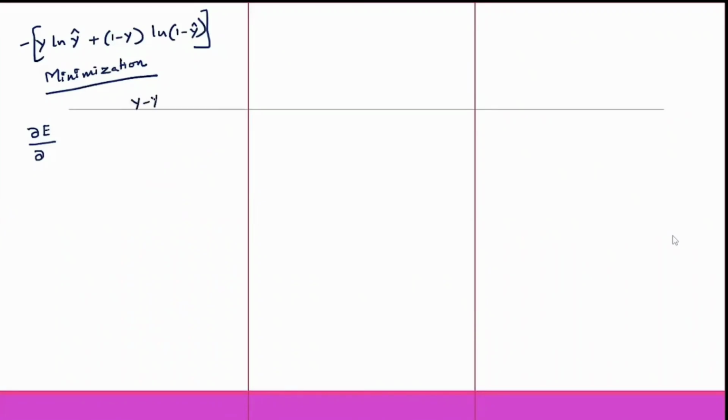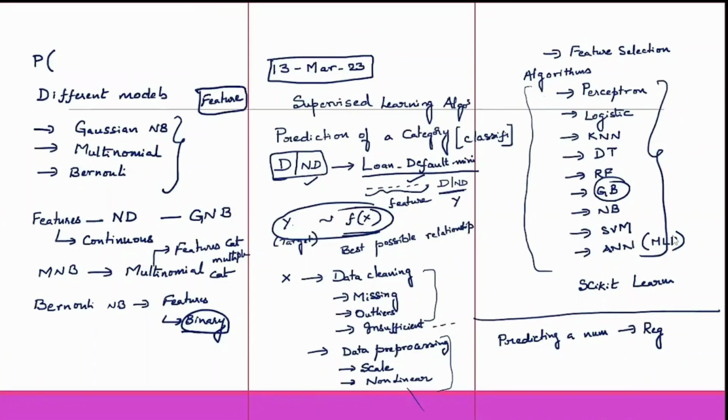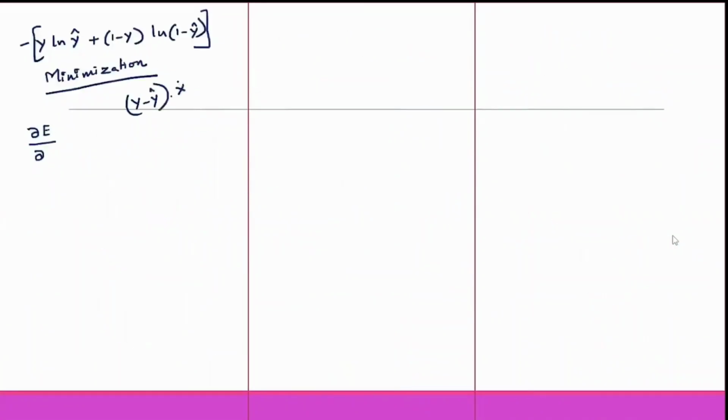So this y minus y hat times the x value. In this case, the x value will be this layer first. First, you will update this layer. So you will take your y minus y hat, you multiply it with the x value, and you multiply it with the learning rate. So based on this, the new weights at this layer.